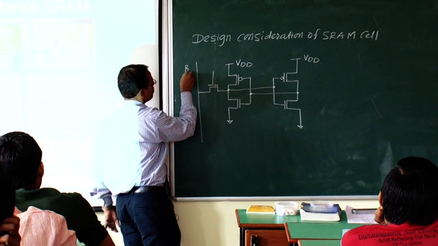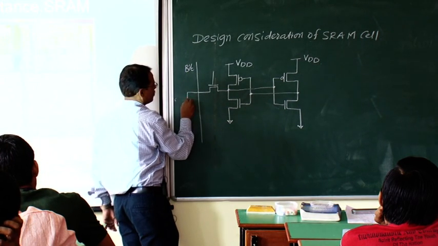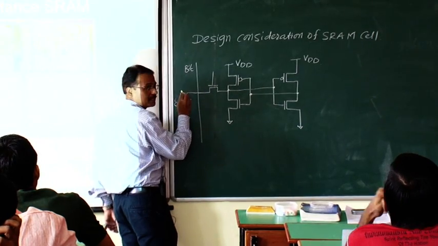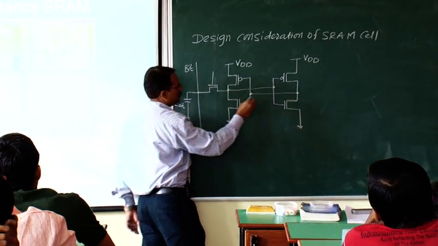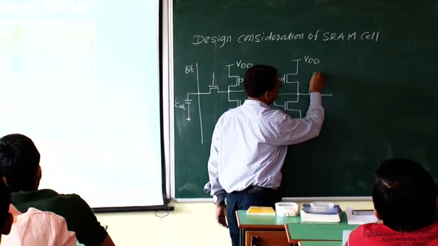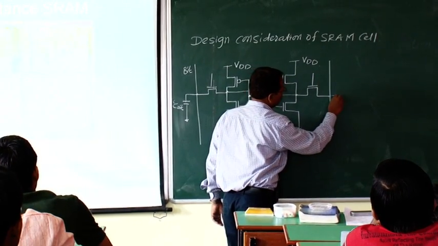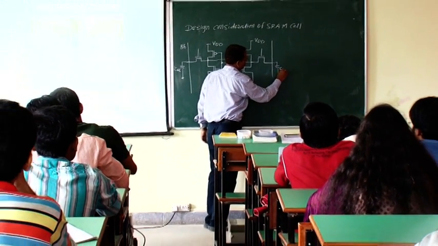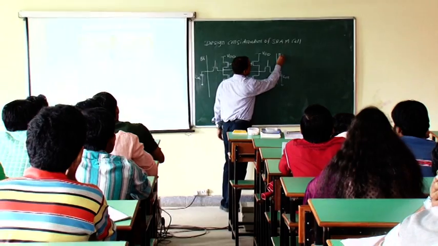This is bit bar, bit line, one capacitor is associated with it, that is bit bar capacitance. Here is another access transistor, and this is bit bar.